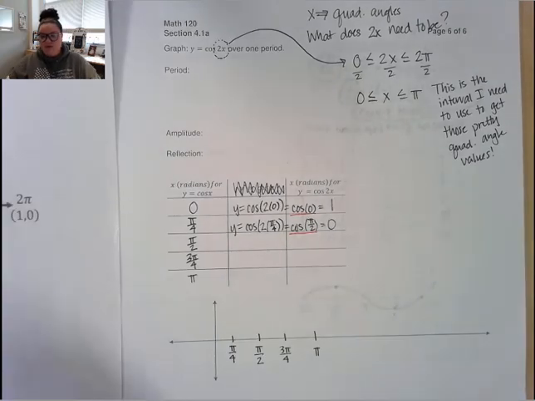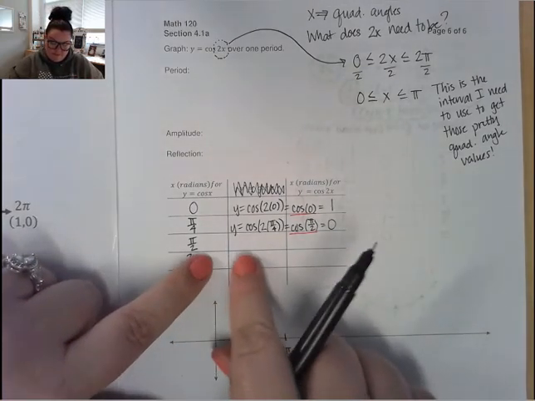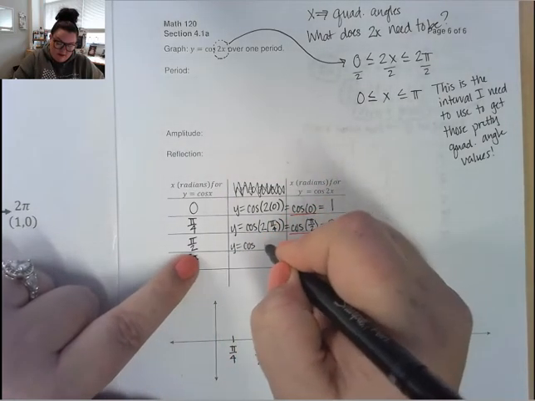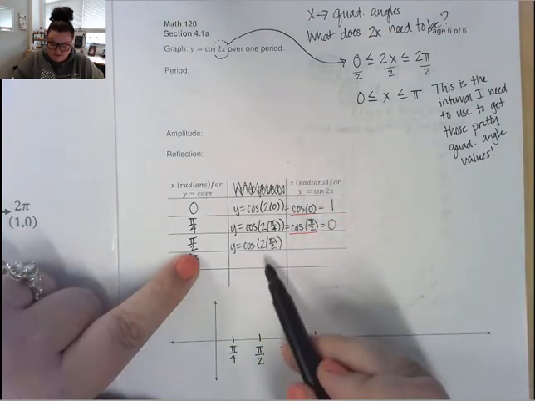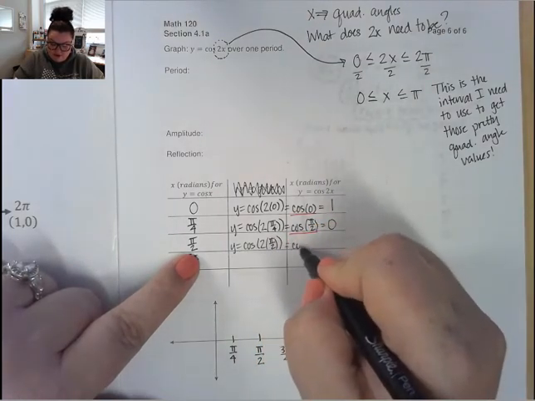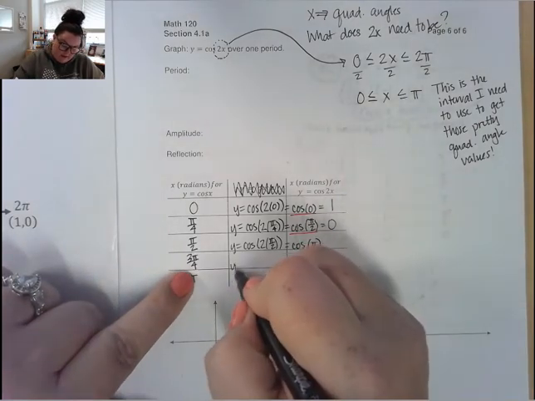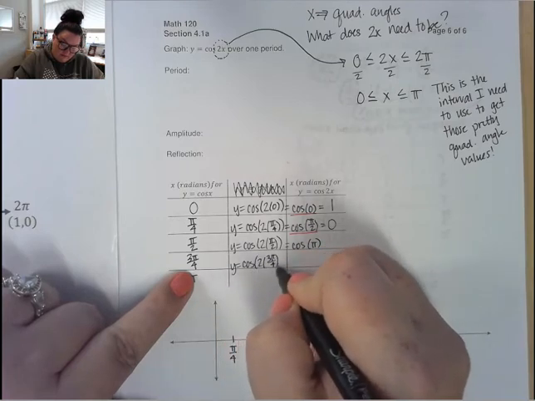Okay, so I can go through and simplify each of these. You don't necessarily have to, but I will just to go through it. So this one I'll get cosine of 2 times pi over 2, right? Here my 2's cancel, and this just gives me cosine of pi. Here we have y equals cosine of 2 times 3 pi over 4.